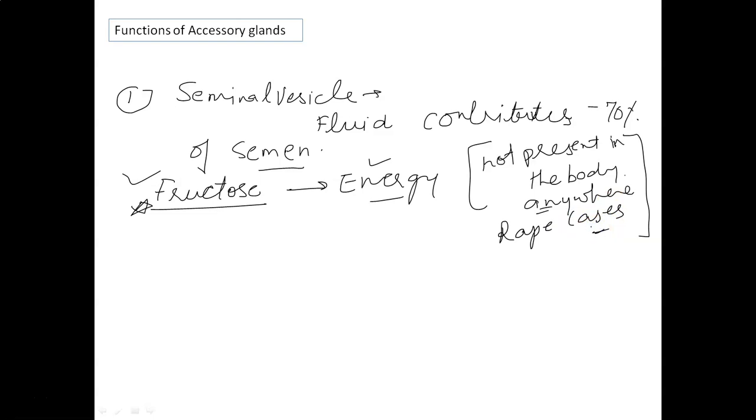So if fructose is found in the victim's reproductive canal, then the rape is confirmed. Because it is not produced anywhere else in the body, it provides a forensic test for rape.